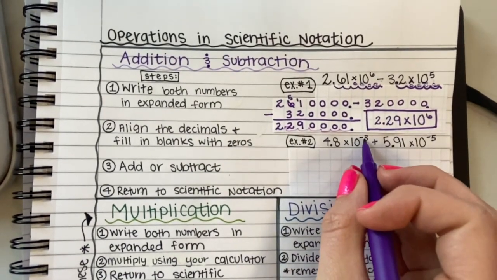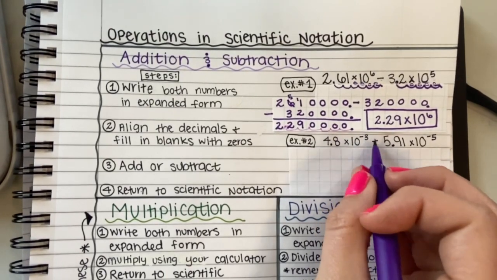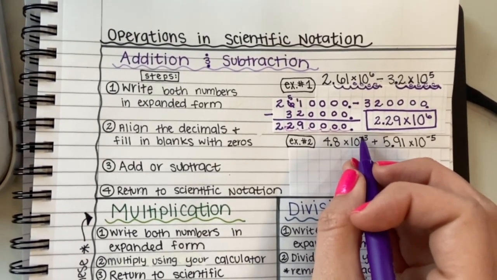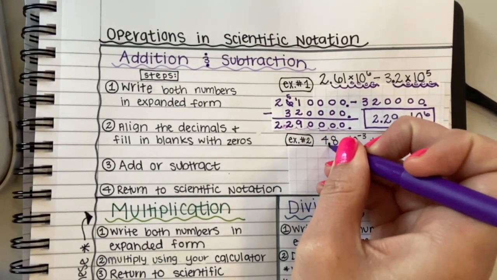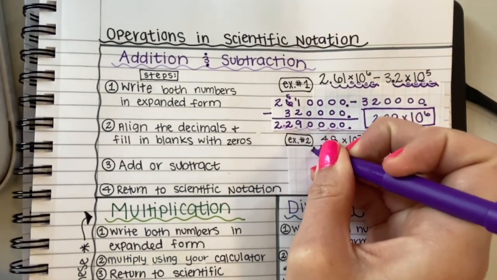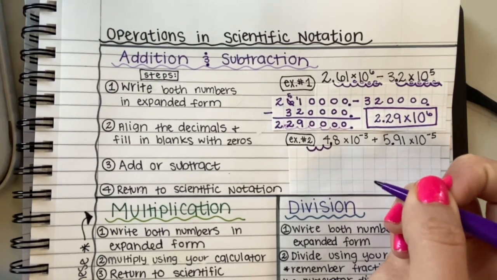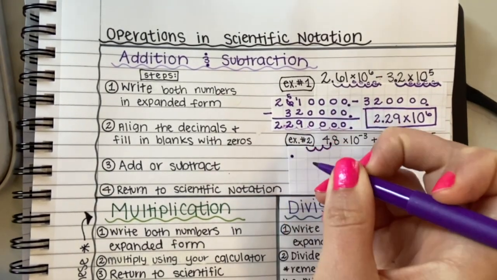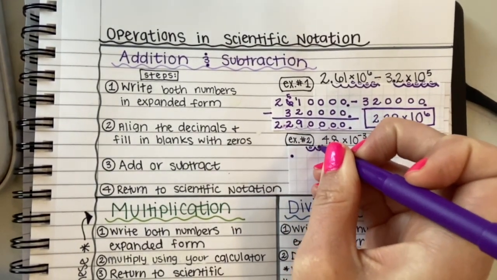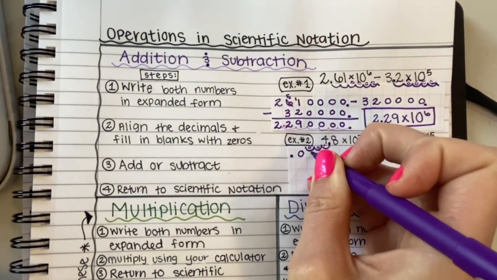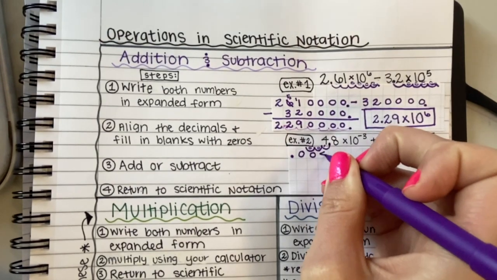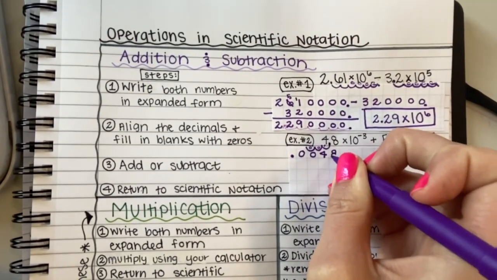This is a negative exponent, which means I'm making a tiny number, so my decimal is moving to the left 1, 2, 3 spots. When I write my number here, I have 2 zeros, and then my 4 and my 8.